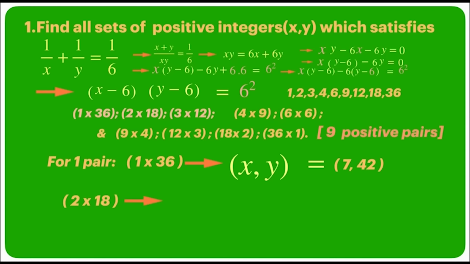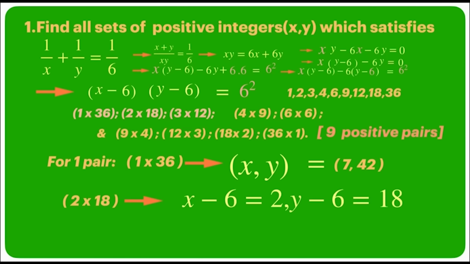And for the second pair, that is 2 into 18, we'll also get another set of values of x and y, that is x minus 6 equal to 2 and y minus 6 equal to 18, because x minus 6 into y minus 6 equal to 2 into 18.